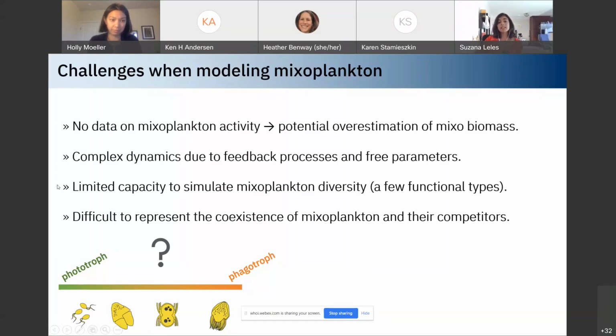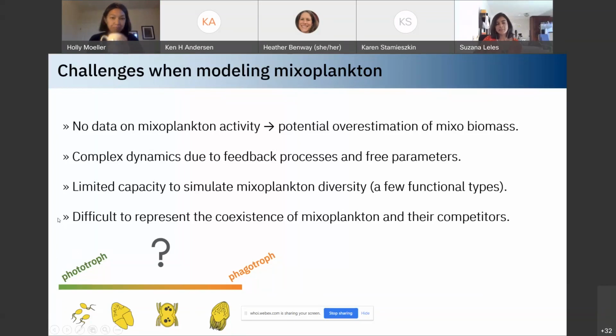And even though we were interested in these different flavors or strategies among mixoplankton, we still could only simulate a few functional types. So we have a limited capacity to simulate their diverse strategies, especially capturing the full spectrum that we see among mixotrophs, from mainly phototrophs to mainly phagotrophs.